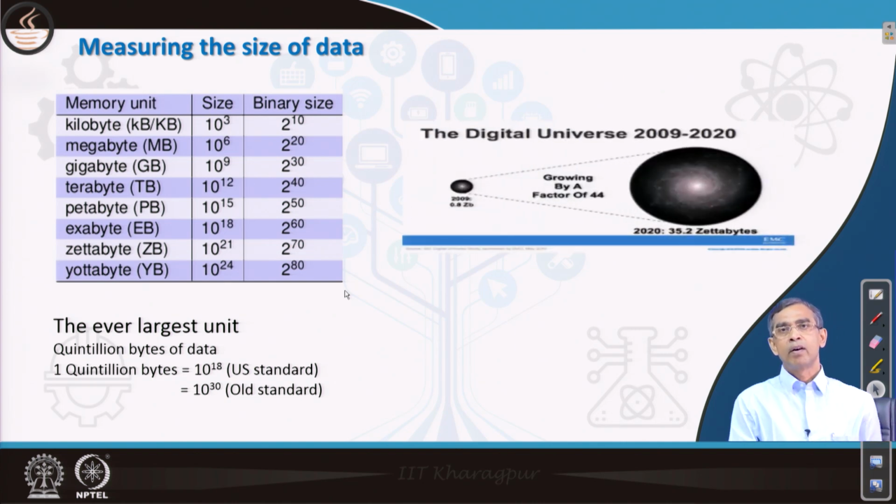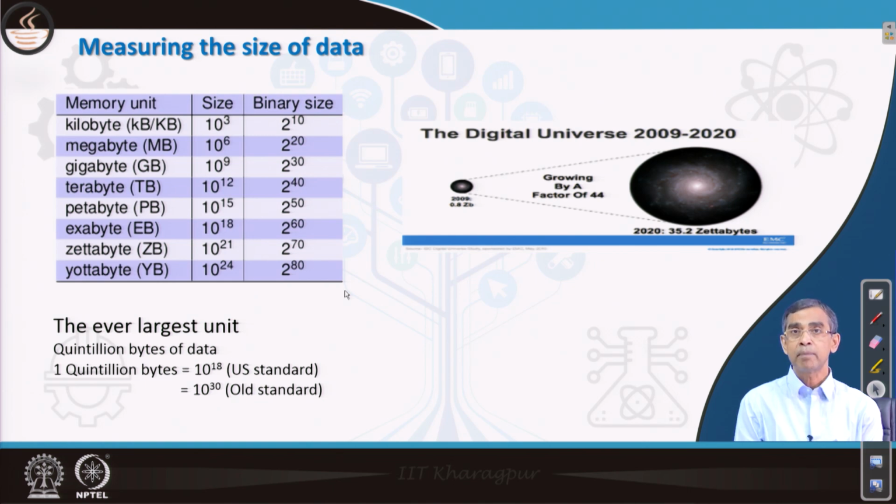Now, let us see what is the present size of our digital world. It is not long back, maybe 10 years ago, around 2009 or so, the total size of the digital universe, that means comprising all sources of data, those linked in the internet, stored in different laboratories, in different organizations, whatever it is, was around 0.8 zettabyte. Now, this is increasing every second, every moment, at the rate of 44%.